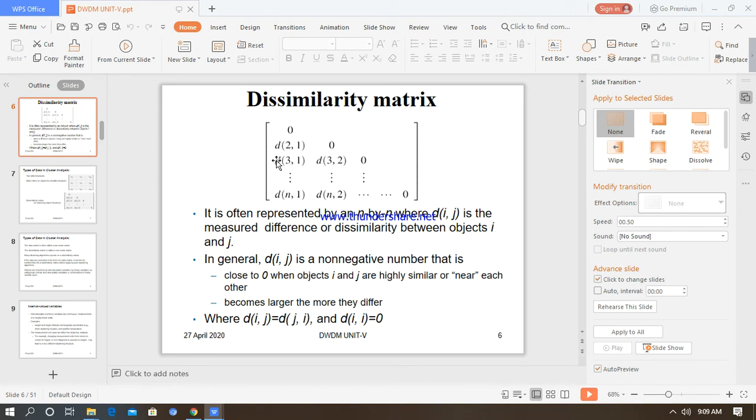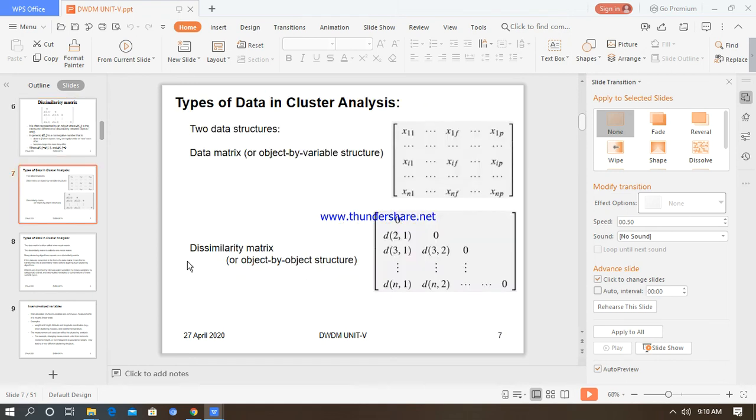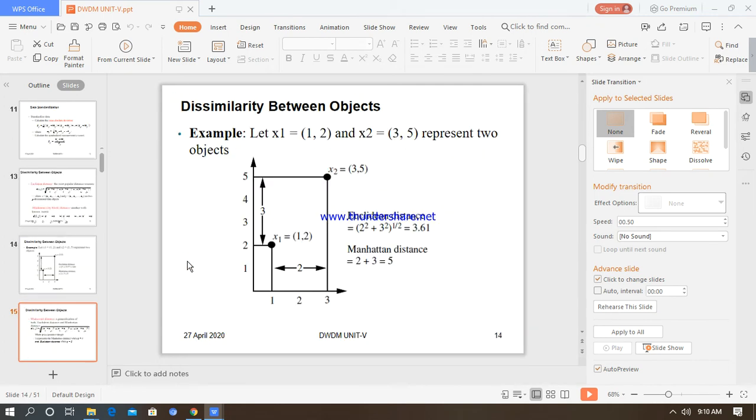This is how we represent distance of 2,1, distance of 3,1, distance of 3,2. Like this we can compute. Coming to our example, we will be calculating distance of 2,1, distance of 3,1, distance of 3,2, distance of 4,1, distance of 4,2, distance of 4,3, since we have four objects.